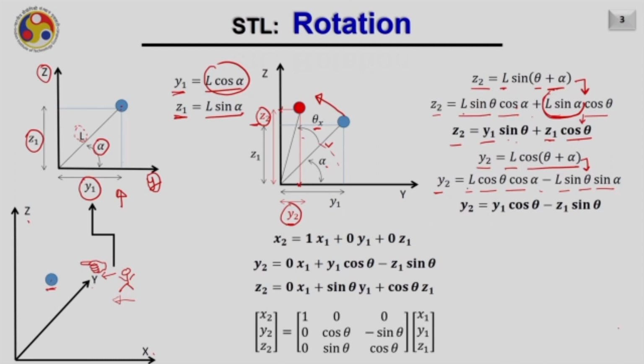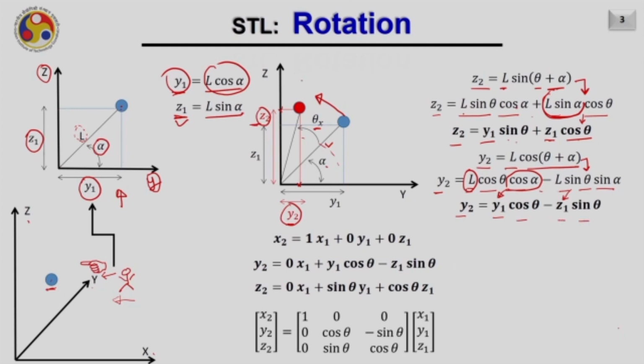We have already seen L cos alpha is nothing but y1, and hence this term is replaced by y1 here, and also L sin alpha is nothing but z1 from this equation. Hence y2 is equal to y1 cos theta minus z1 sin theta.